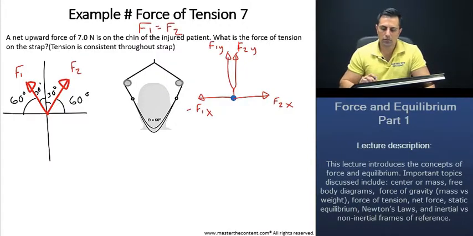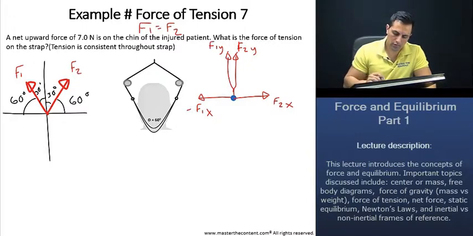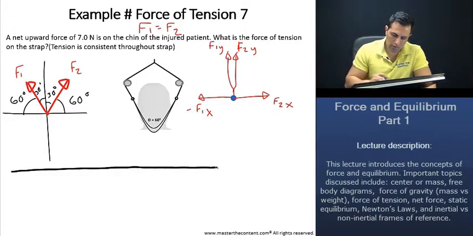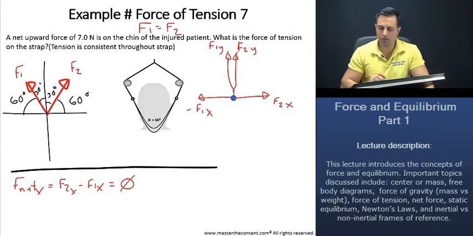Because the two forces are equivalent and the angle within here is exactly the same, the net force in x is just going to be the x component of force 2 and the x component of force 1, and we know that that's going to be 0. The net force of the x components.